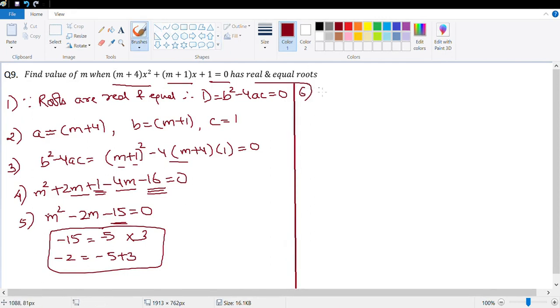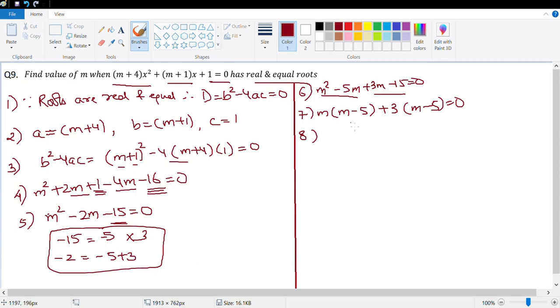So we have m square minus 5m plus 3m minus 15 is equal to 0. Grouping it the way I have underlined, we get m times m minus 5 plus 3 times m minus 5 is equal to 0. m minus 5 is common. So we have m minus 5 times m plus 3 is equal to 0.